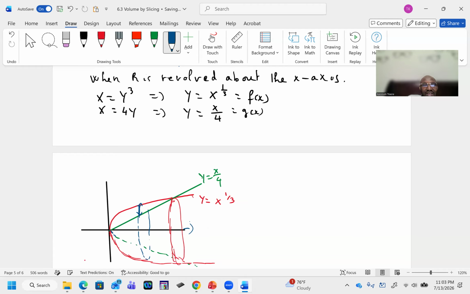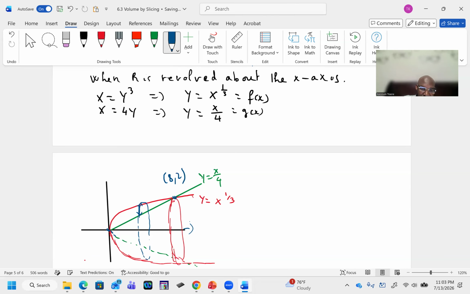You see, so my inner is x divided by 4 and outer is x to the power of 1/3. And of course, again, we have to find the integration, but in this case we know this point is what, 8, 2. So we'll be integrating from what, 0 to 8. Do you understand?